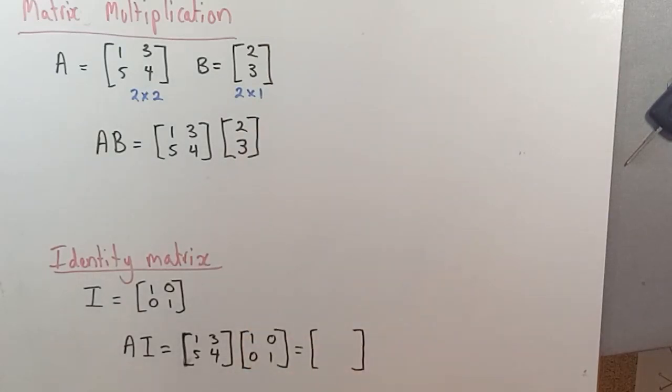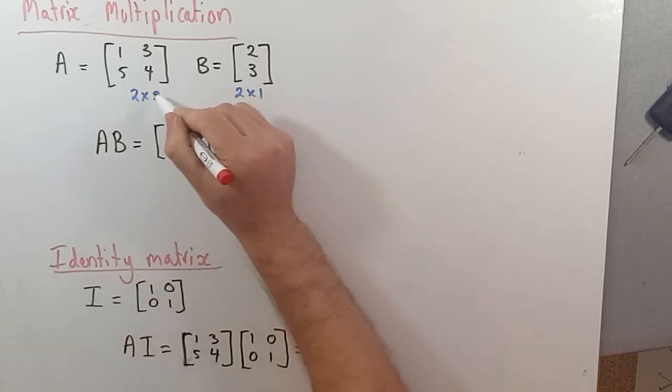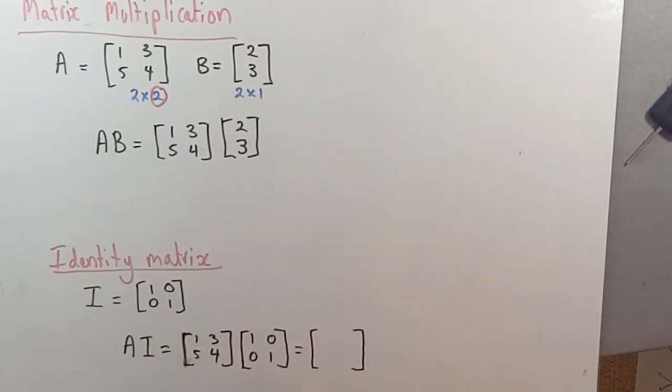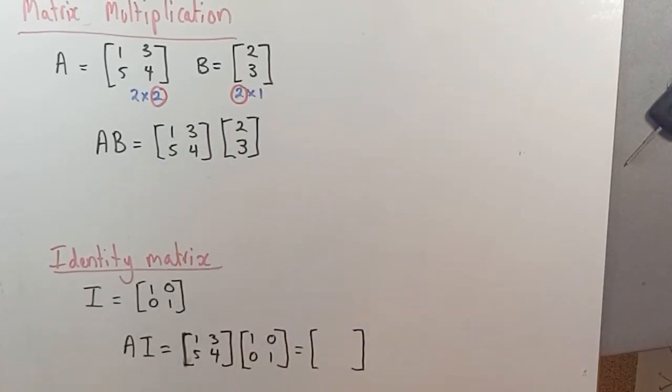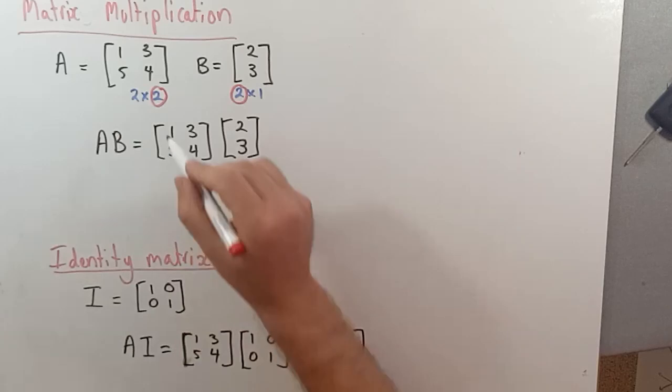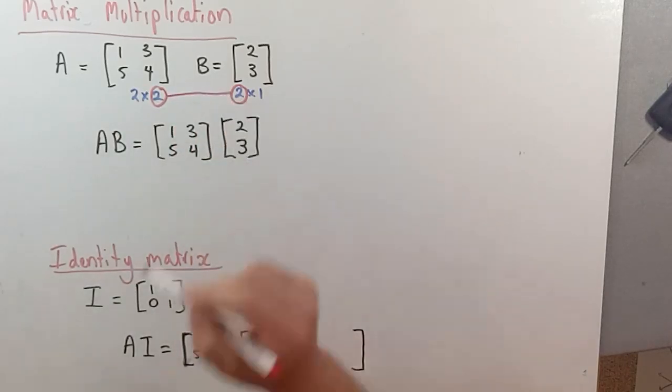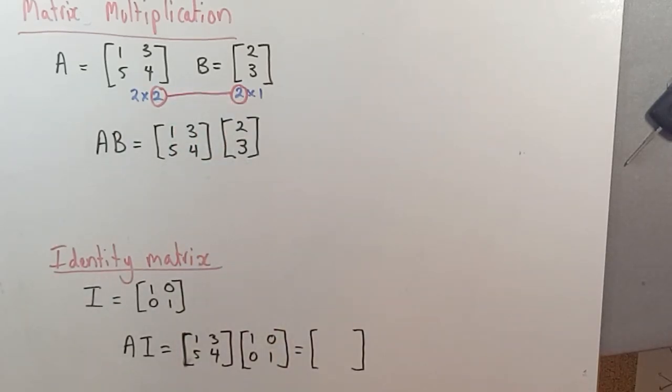In order to multiply matrices together, the columns of the first matrix have to be the same number as the rows in the second matrix. So these two numbers have to be the same. If they're the same, you can multiply them together. If they're not, you can't.